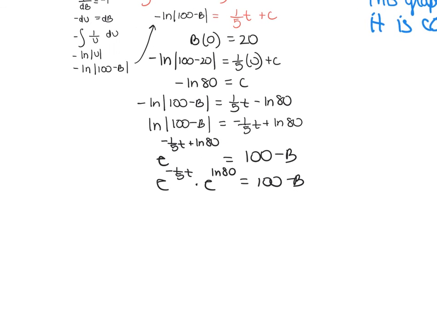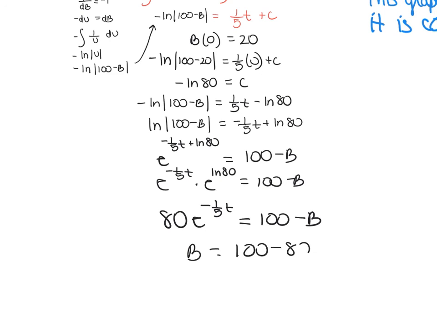And e to the ln of 80 is just 80. And I want to solve for b, so I'm going to move b to the other side. And I'm going to have 100 minus 80 e to the negative 1/5 t power.